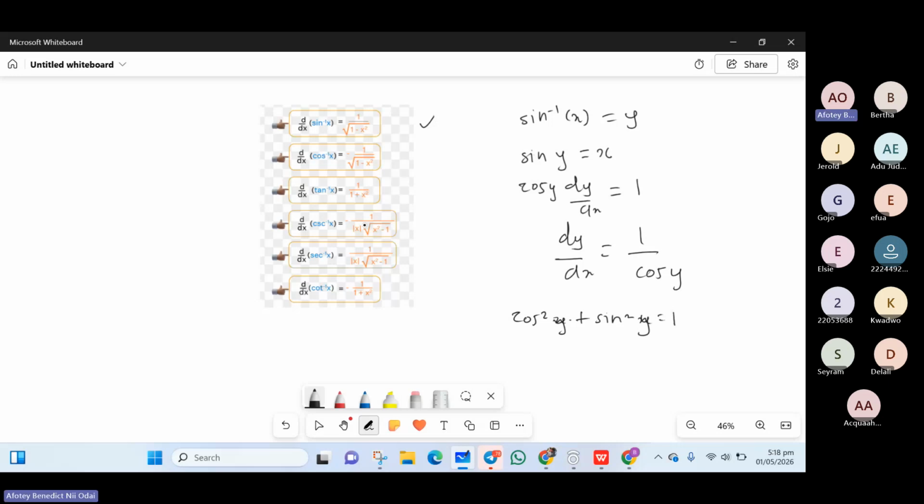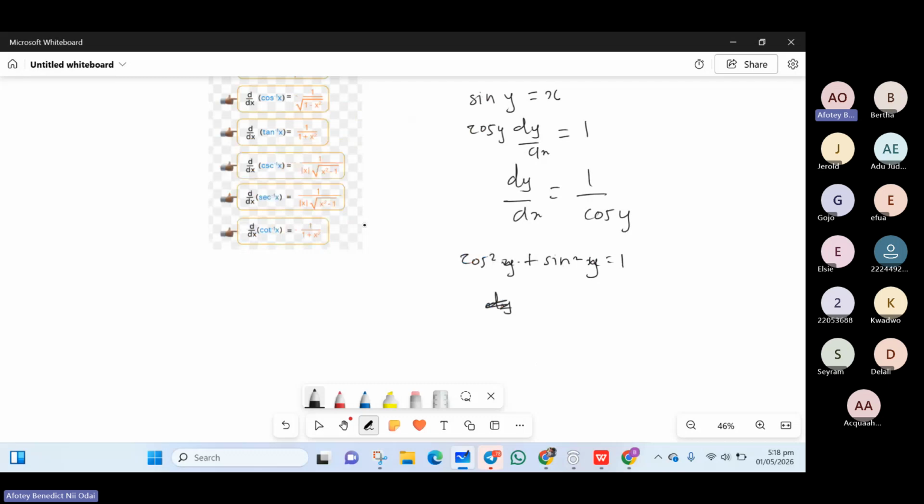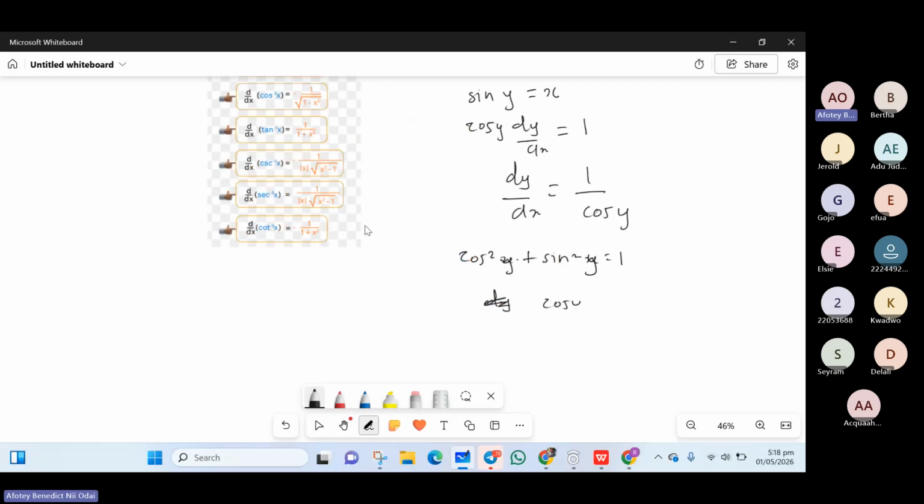First of all, let's make cos y the subject. So cos y is equal to the square root of 1 minus sine squared y. So dy on dx is equal to 1 on the square root of 1 minus sine squared y. This becomes our final answer.